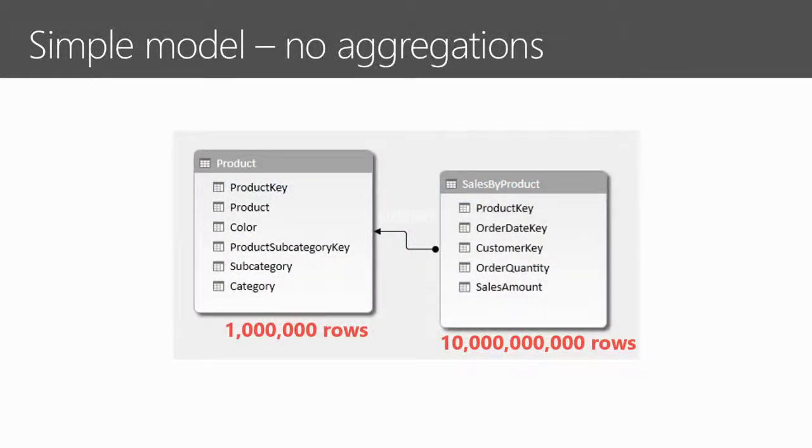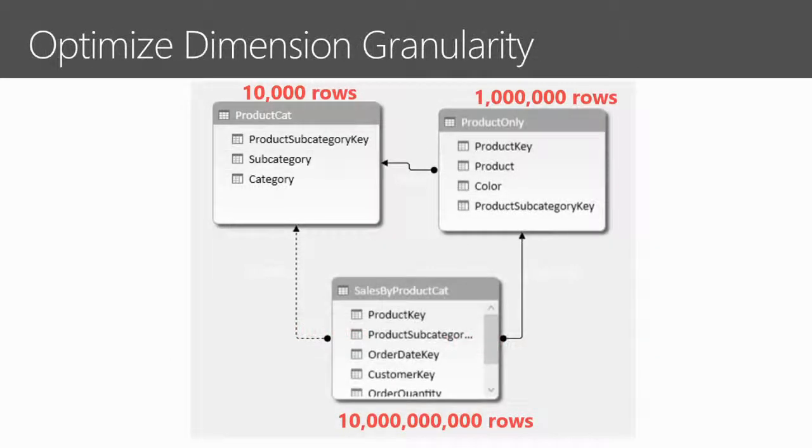So in a simple model, we have this. We have, for example, in this case, products. I have 10 billion rows in the sales by product and 1 million rows in the product table. OK, that's fine. In this case, with 1 million rows in the product table, I don't do particular optimization techniques. I keep this data model. But if I see that with 10 billion rows and 1 million rows, I start to see some issue, I can consider doing something like that.